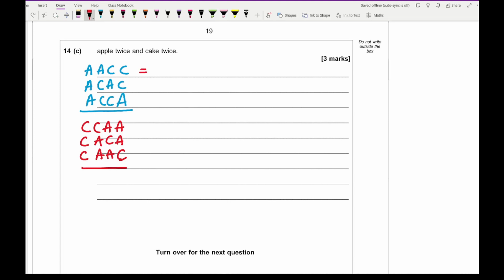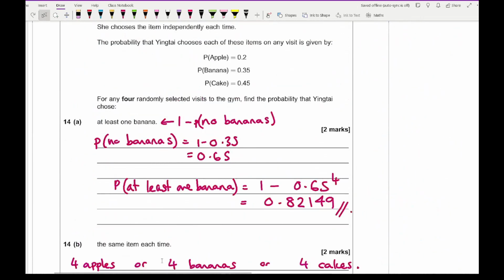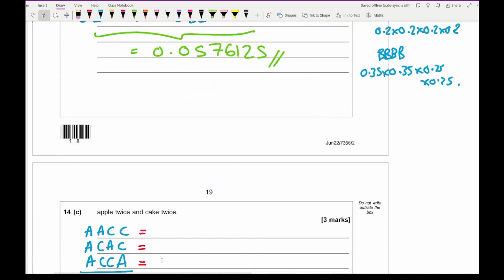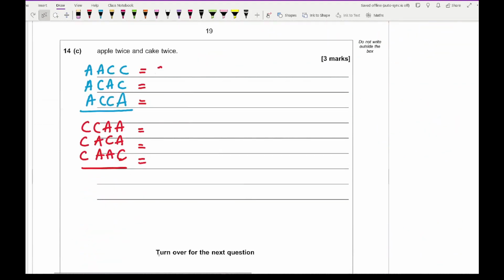Now in terms of working out the probability of each of these 6 lines, they should be identical. So the probability of an apple is going to be 0.2. Let me just make sure that is the case. Yep, 0.2. So this is going to be 0.2 multiplied by 0.2 multiplied by 0.45 times 0.45.